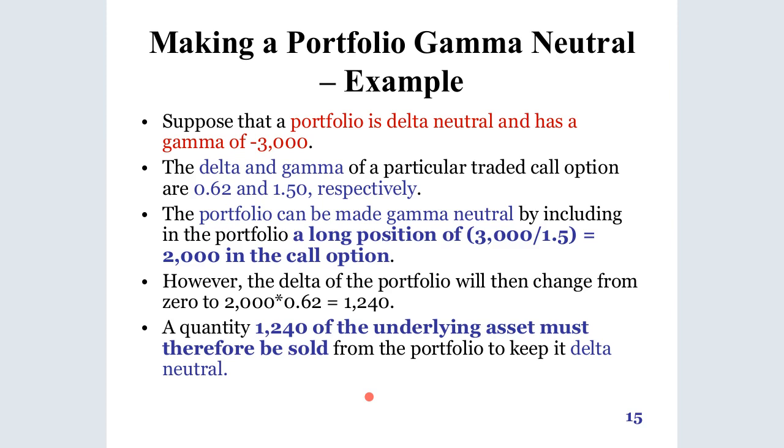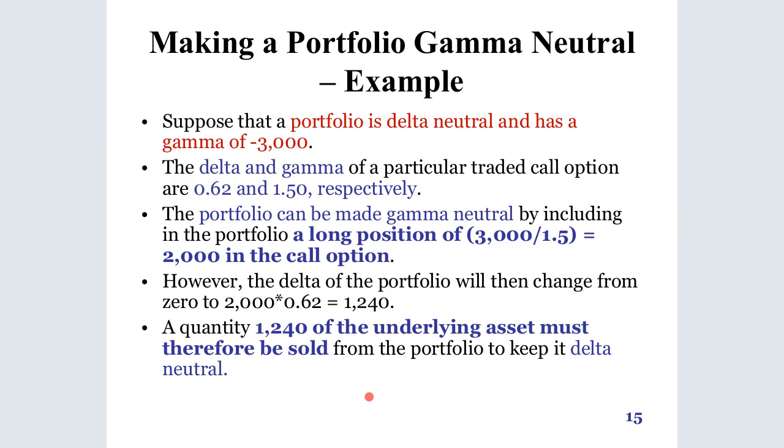But I have a problem with that, because the moment I buy 2000 options, my delta, which was originally neutral, will now increase because each option has a delta of 0.62. So 2000 times 0.62, my delta position becomes 1240. Since 1240 is a positive delta, I need to reduce it.